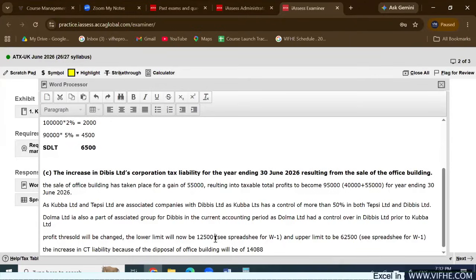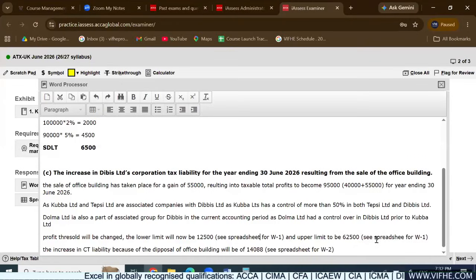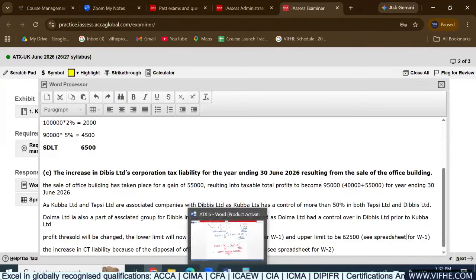And I'm just going to mention that, in order to see how I have calculated this addition, I am referring to working 2. So see spreadsheet for working 2. Clear? Is this thing clear to each and every one of you?